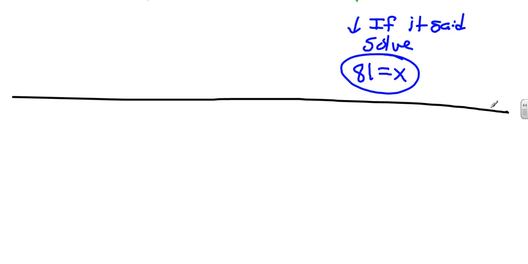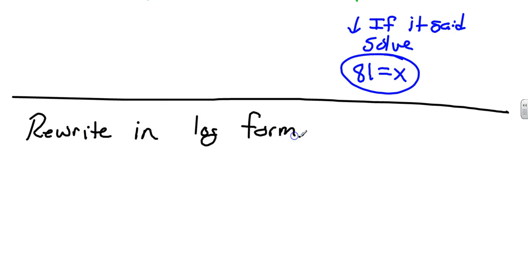Okay, so let's switch gears on this one. Let's take these and rewrite them in log form. So for this one, we'll go 2 to the negative 4 equals 1/16.